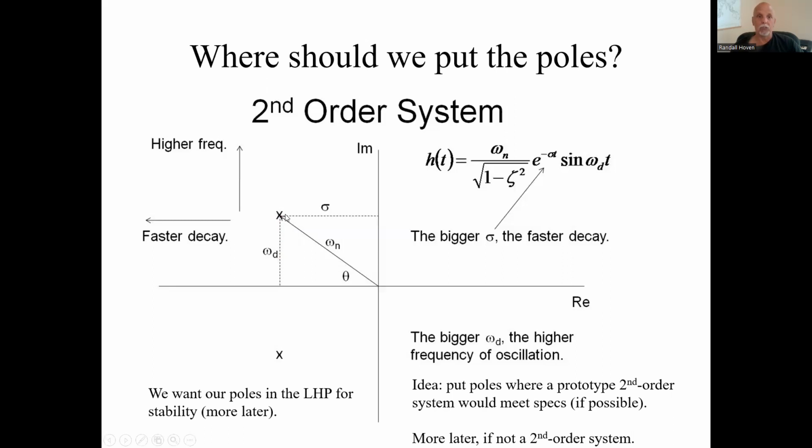The pole is located at minus sigma plus j omega d. And it's also located at distance from the origin, that is omega sub n. Those are some geometrical relationships. I think we can relate damping ratio to it also, but I don't use that much. It's like an inverse cosine relationship.